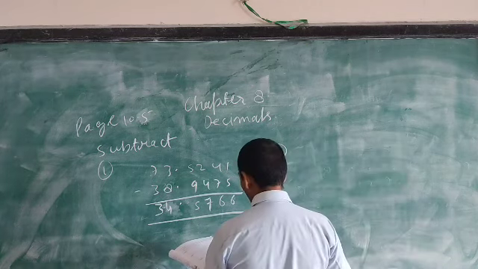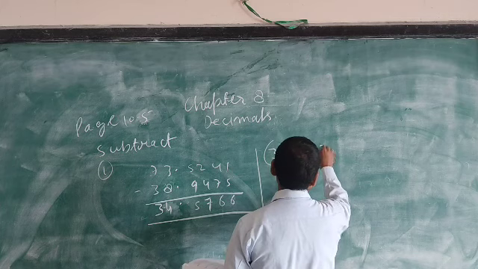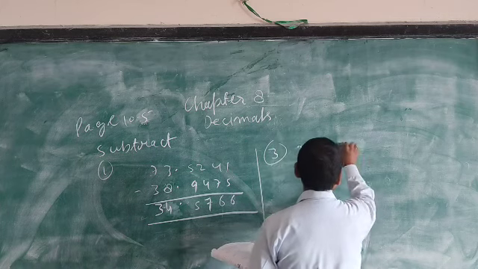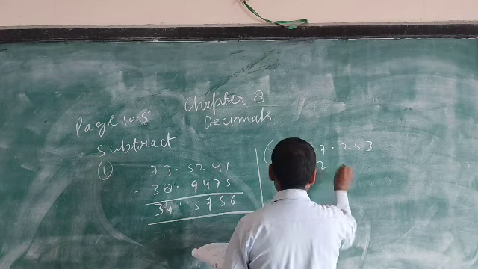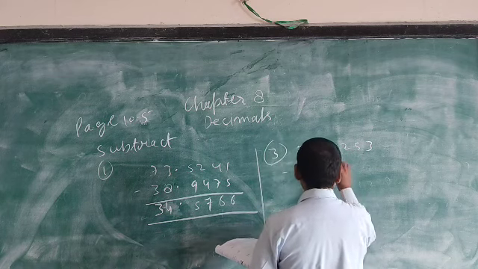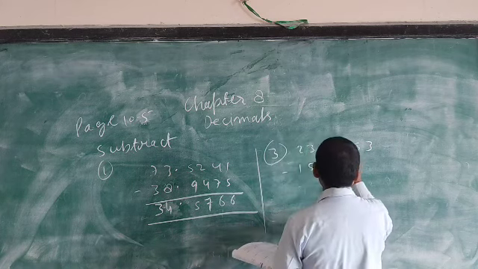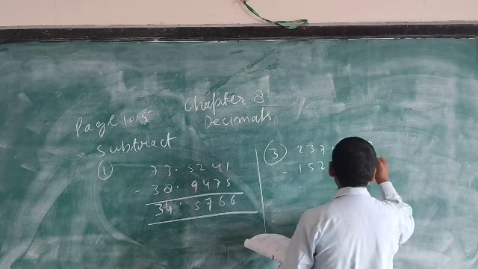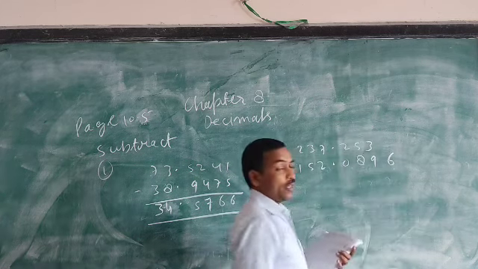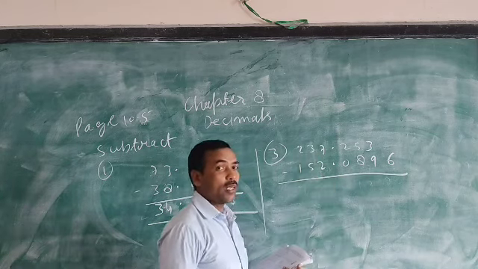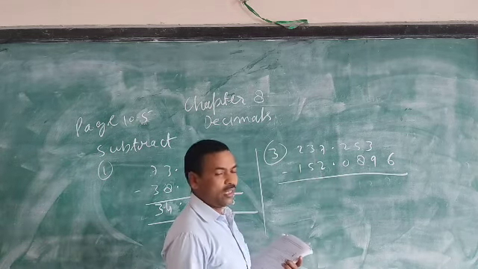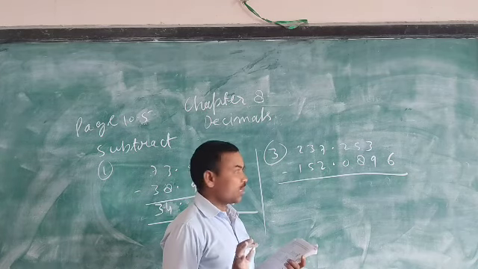See your third one, 237.253 minus 152.0896. Many students are thinking they are different things. There is no special thing for addition and subtraction of decimal numbers. Just like whole numbers, nothing different.